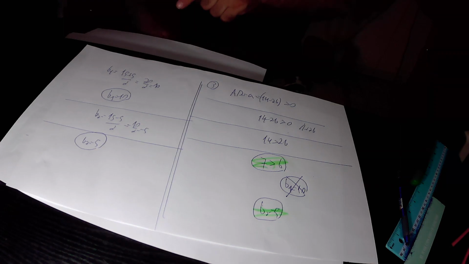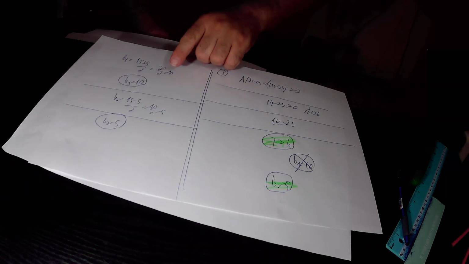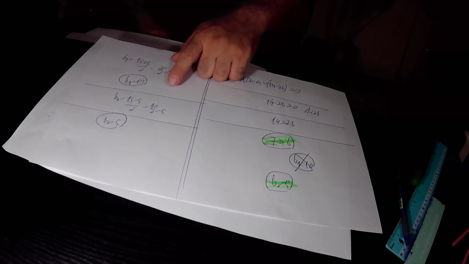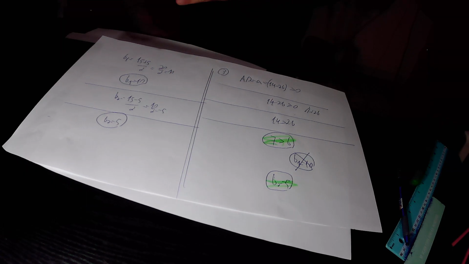So the first solution is b1 equals 10, and the second solution is b2, which equals 15 minus 5 over 2. 15 minus 5 is 10, and 10 over 2 is 5. So the second solution, b2, equals 5 units.